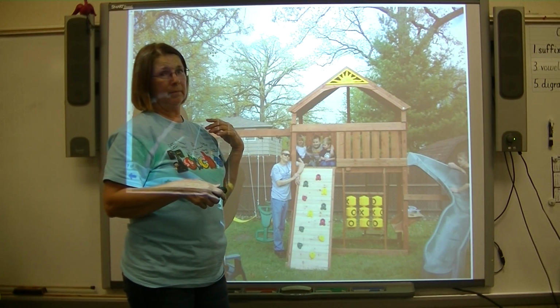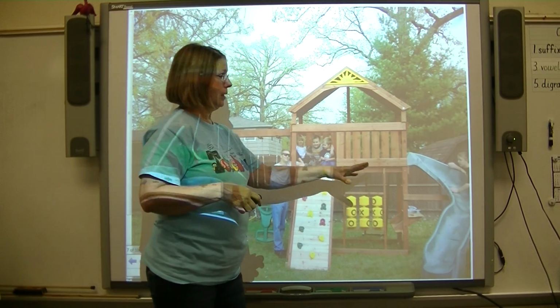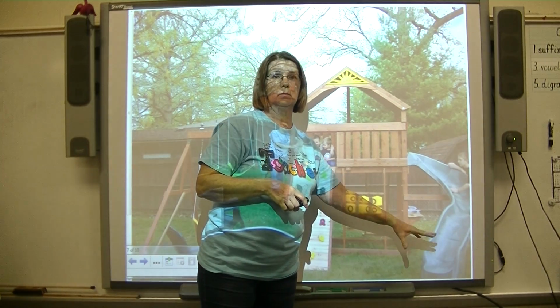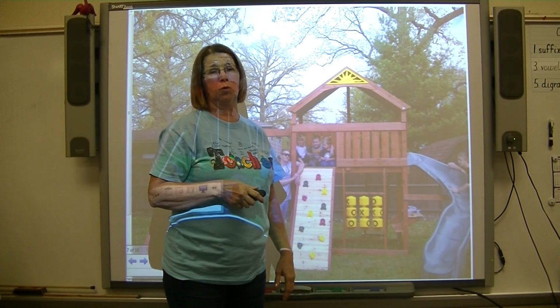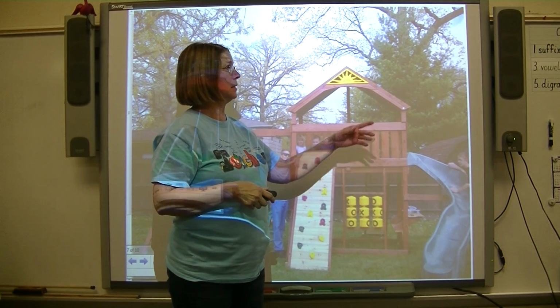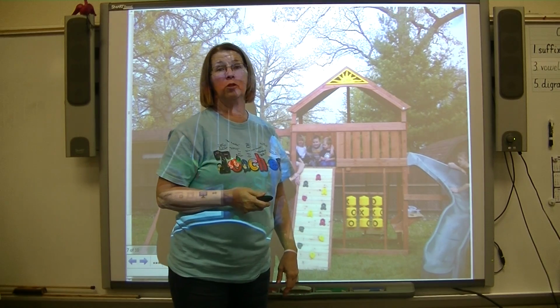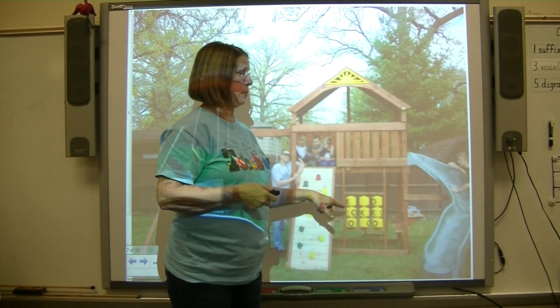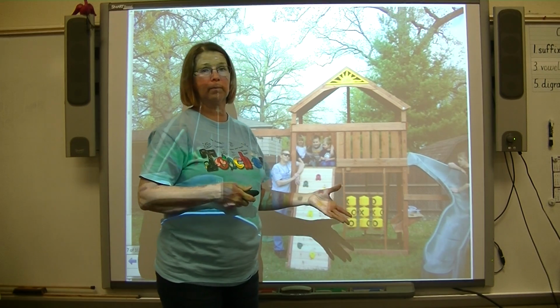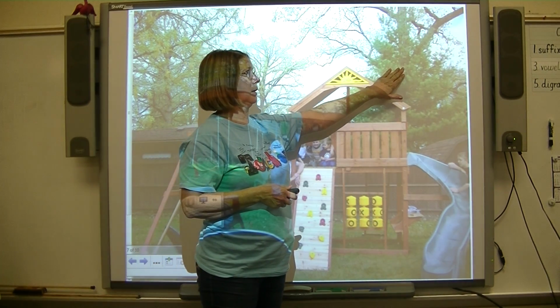Does it eat? Yes, it gets nutrients from the soil. It needs water. If no rain falls, that tree's going to die. It needs air. And sometimes there will be some little trees coming up around it. It reproduces. It is a living thing.